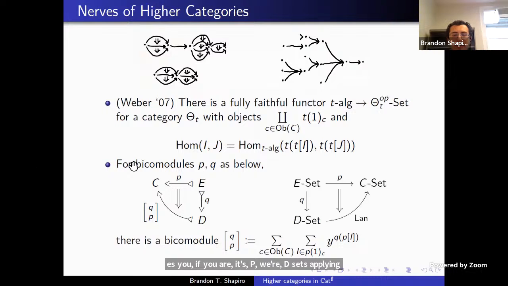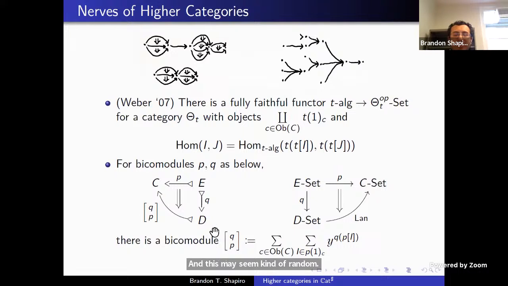And the universal property of this is precisely that of a left Kan extension. So we have left Kan extensions in this bicategory Cat-sharp. And this is the formula that we have for them. And this may seem kind of random.